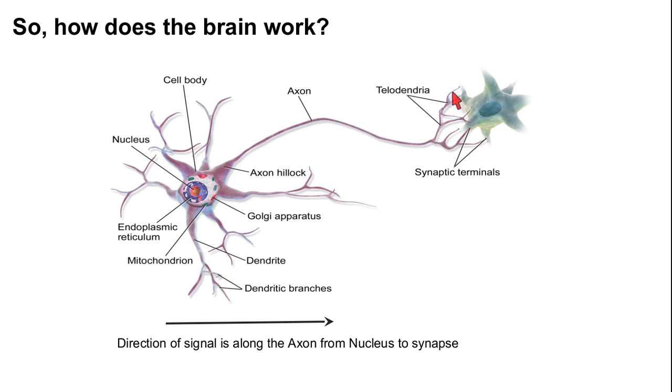Once an electrical signal reaches the synapses, these synapses are connected to dendrites. Based on the distance between the synapses and the dendrites, so for instance, this is another nucleus which has a few dendrites emerging out of it. So there would be a certain distance between the synapses of this neuron and the dendrites of this neuron.